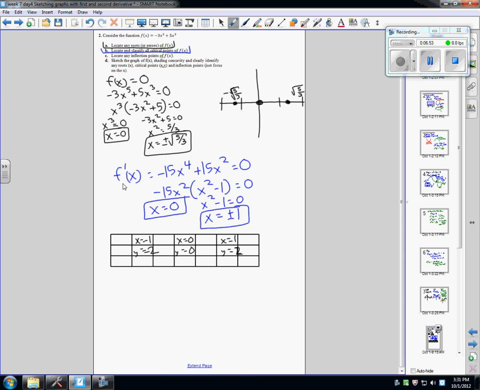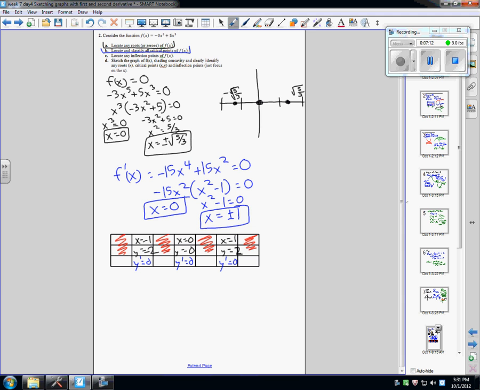Remember, I don't need anything here, there, or there. My first derivative was 0 at each place here. And I now need to do sign checks.